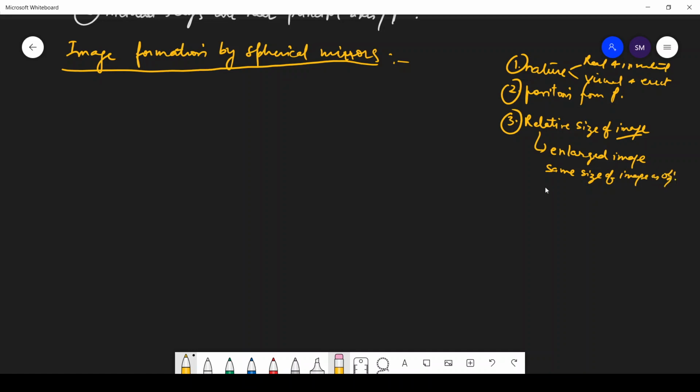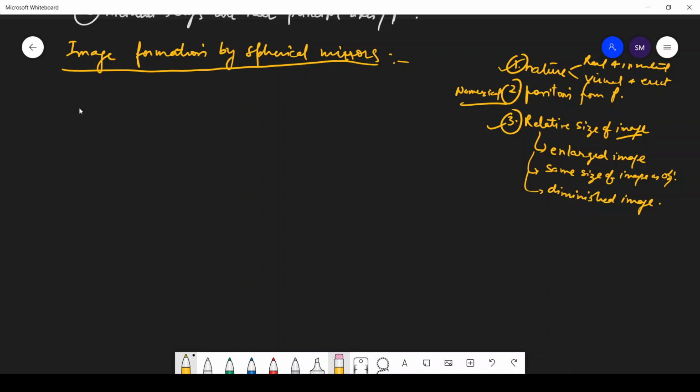Obviously I am comparing with the object. Or we can have a diminished image. So these two things, nature of image and size, are quite important. And then we will have numericals, finding the position of the image from the pole.